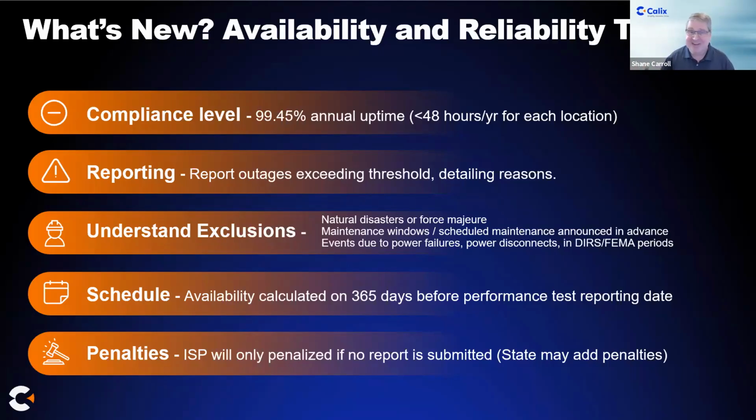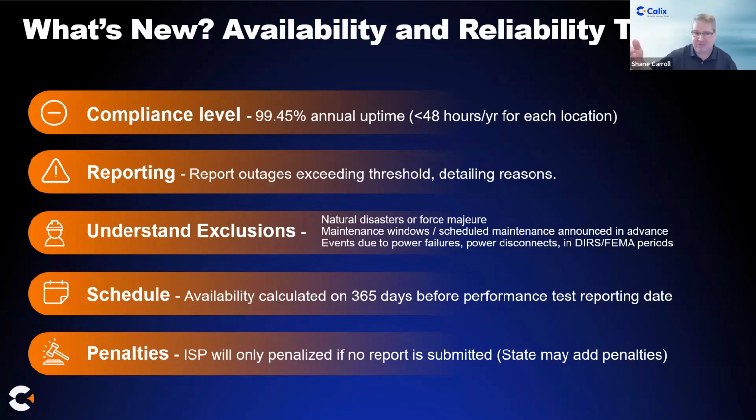Or if you're getting a rain fade because your technology is susceptible to water coming through the atmosphere, or if you're using 60 gig and you're susceptible to oxygen, all those things are things they want to understand about the susceptibility of the technology and what it counts against. And taking out things like force majeure and power windows, unless you're the power company, that's a whole different conversation. But if you're not the power company, then you can handle those force majeure that are not yours.